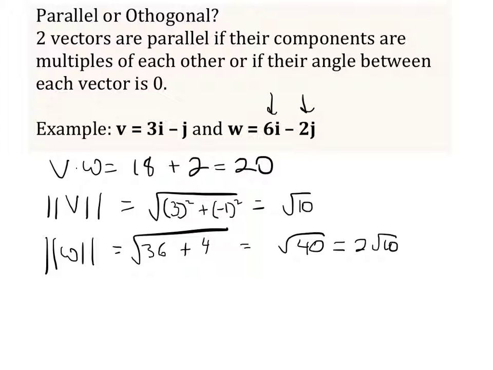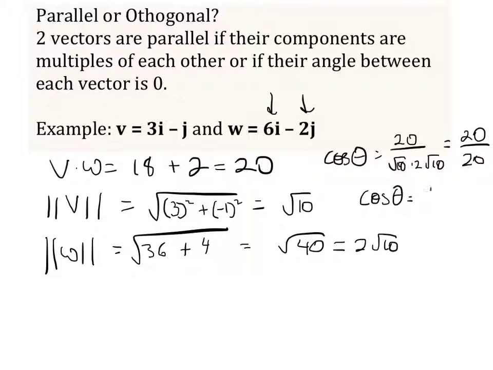Okay? So, once we go and find that cosine of theta equals our v dot w, which is 20, over root 10 times 2 root 10, we find that that equals 20 over 20. So now we have cosine of theta equals 1.